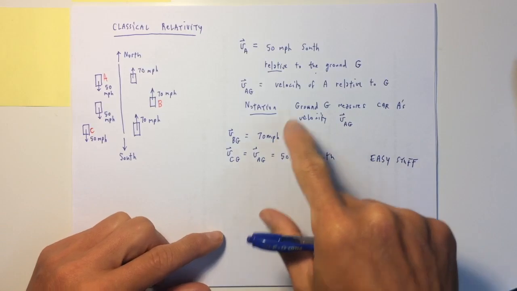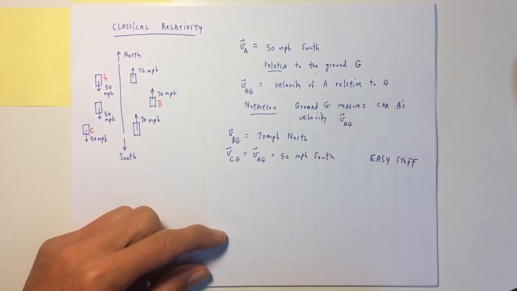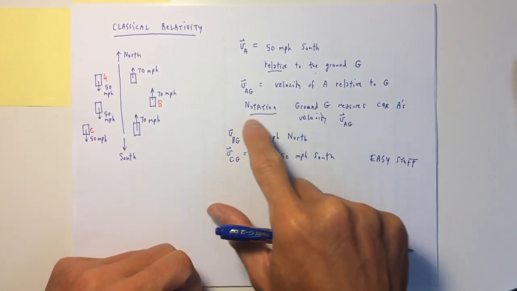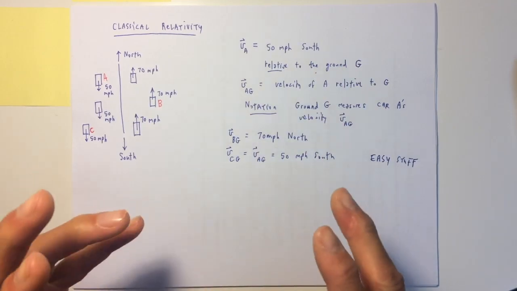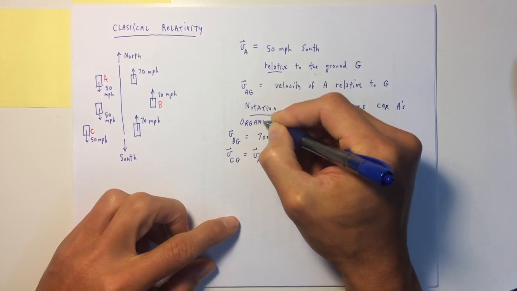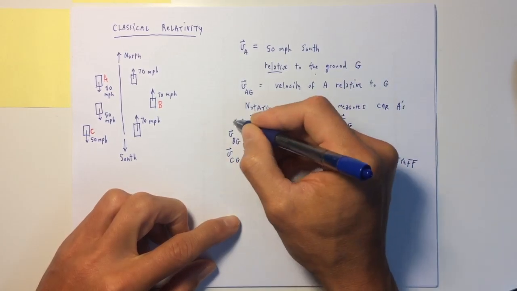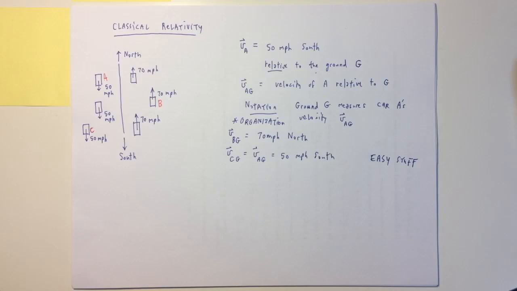We are talking about velocities of objects relative to other objects, though. And this is where this notation is actually ultra convenient and makes the ideas clear. It's an organization, so we can be very, very clear about what we're talking about.